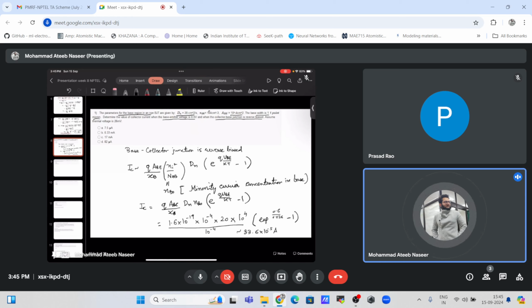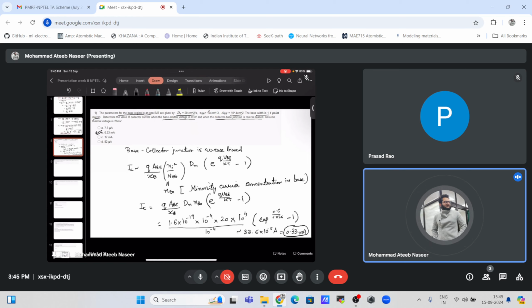The answer is in milliamperes or microamperes, so it is simply 0.33 milliampere. So it is simply option B. This is the correct option to go with.